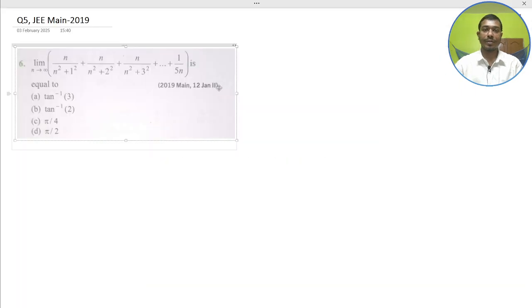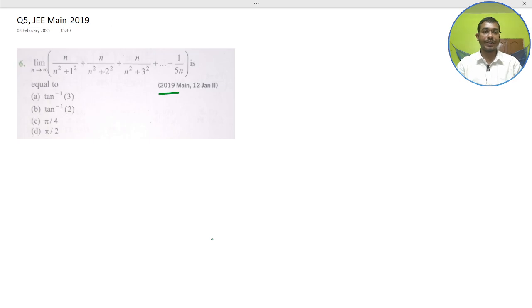Last problem in today's class. JEE Main 2019. The recent question says: limit n tends to infinity of n by (n square plus 1 square) plus n by (n square plus 2 square) plus n by (n square plus 3 square) plus dot dot dot plus 1 by 5n is equal to what? This is the integration of the infinite series. Let's do it yourself and afterwards look at my solution.